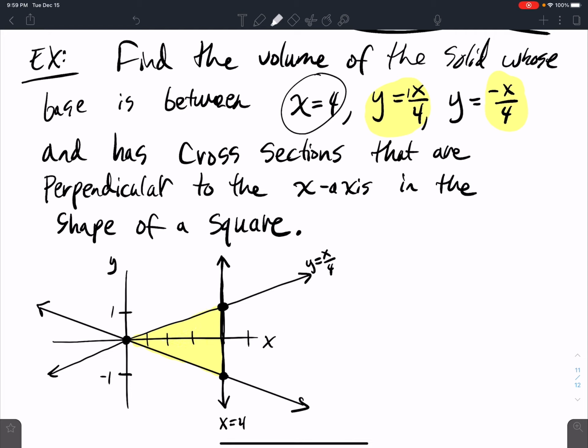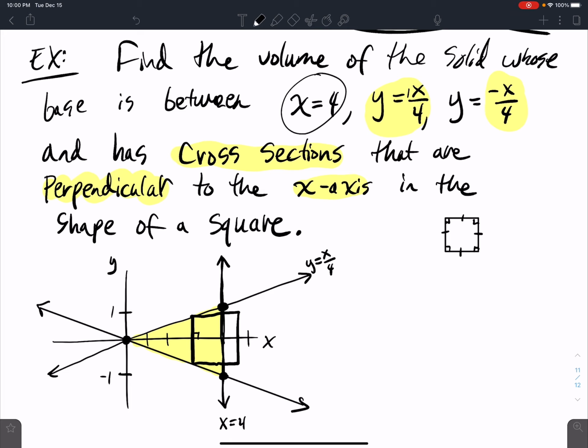But then it says the cross sections are perpendicular to the x-axis, and the cross section is a square. So what do we know about a square? Well, a square, all 4 sides are equal, and all angles of a square are 90 degrees. So if I draw a little square here, try to do my best, that's kind of what that looks like there.